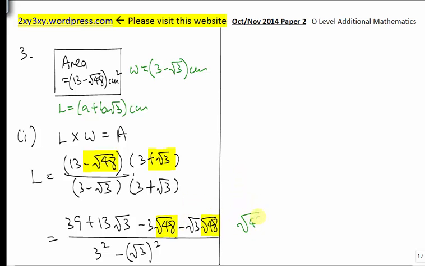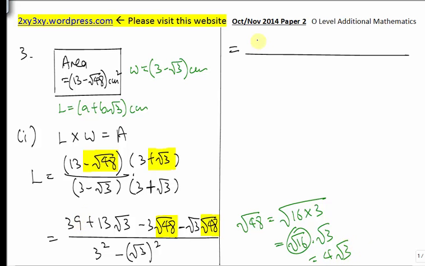Square root of 48 we can rewrite as square root of 16 multiplied by 3, and this one can be simplified into square root of 16 multiplied by square root of 3, and square root of 16 is actually a 4. Therefore the numerator, we will get this expression here. So this is negative 3 multiplied by 4 square root of 3 will give us a negative 12 square root of 3.